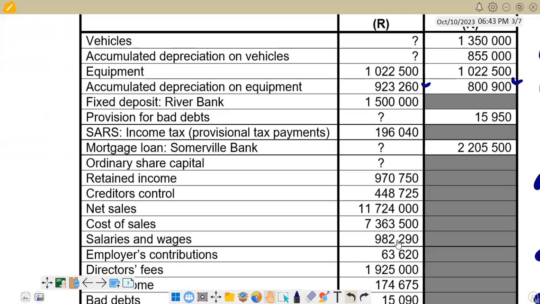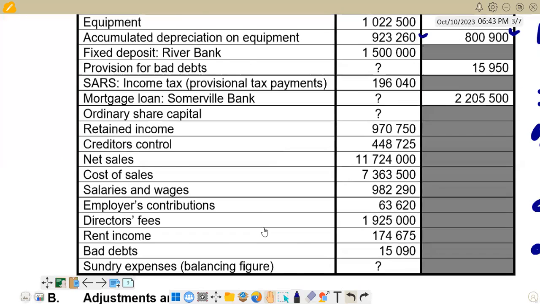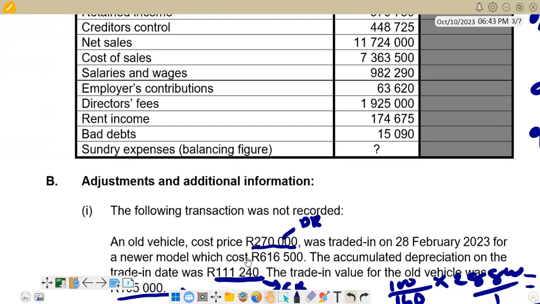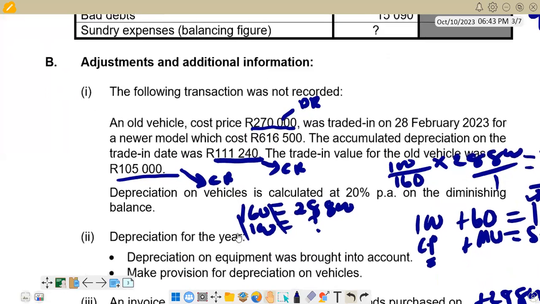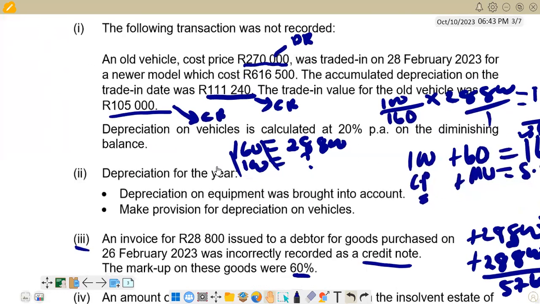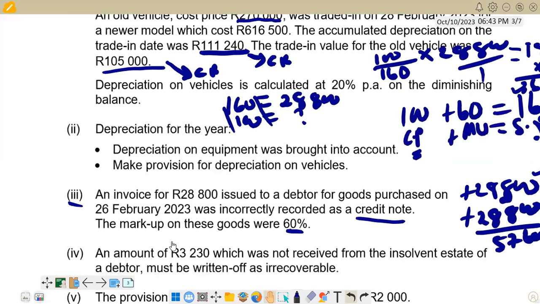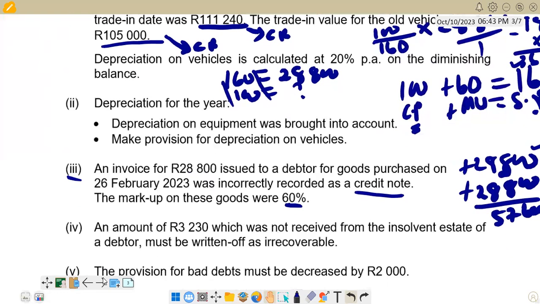But we have to check in the additional information if we've got anything that is affecting these salaries and wages. If you don't have, we are going to put this 982,290 as it is. So we go down to the list of balances, find anything to do with salaries and wages. As we are seeing, we don't have anything on this page.